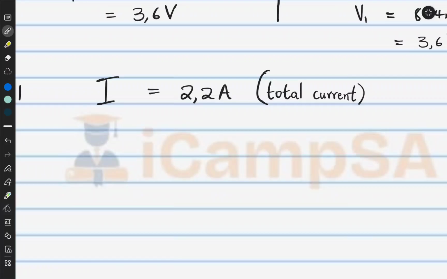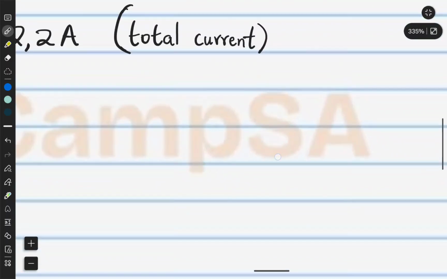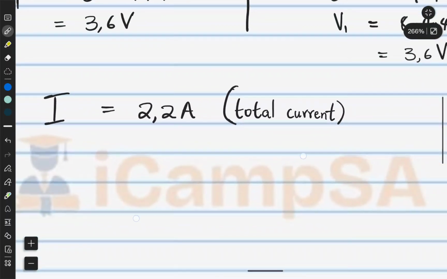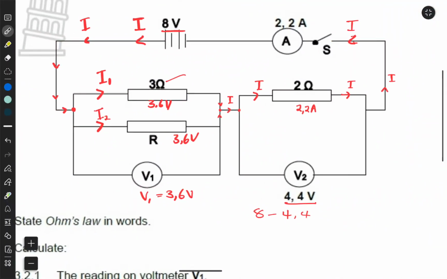Right? So we know that if we have the total current, remember what we're trying to find is R, and we're trying to relate how the total current is distributed between these 2 resistors. We can always use the ratio method for a parallel combination.